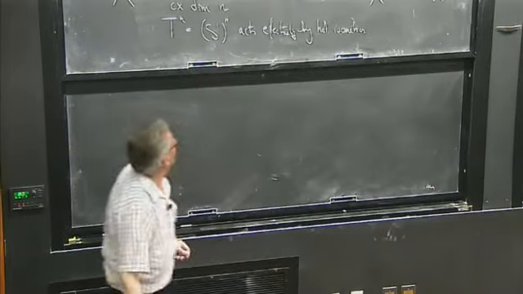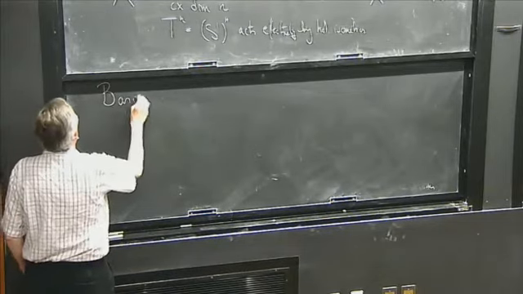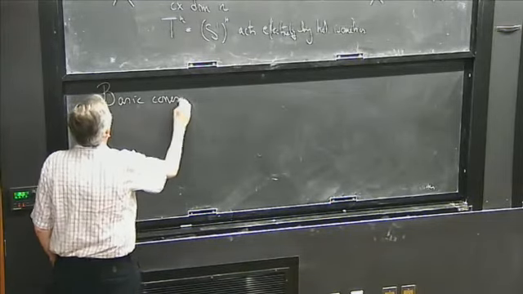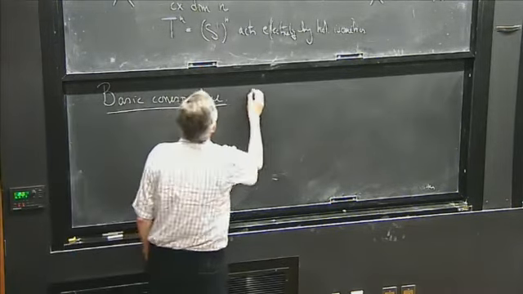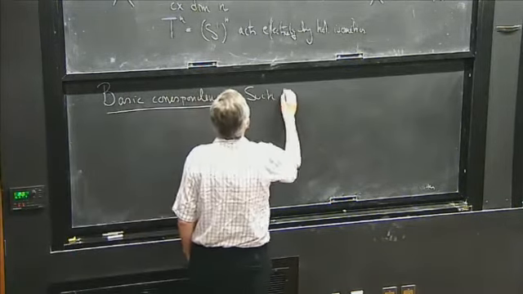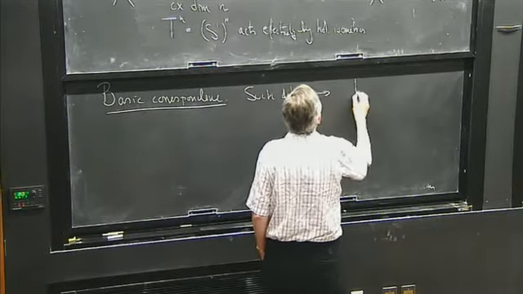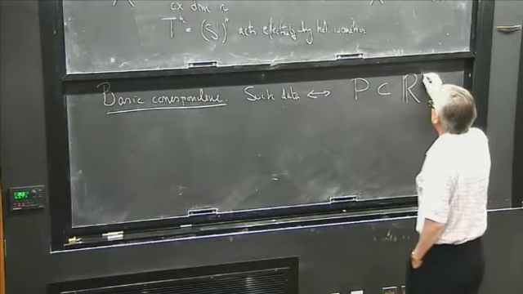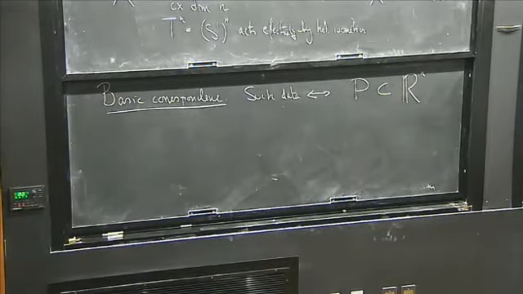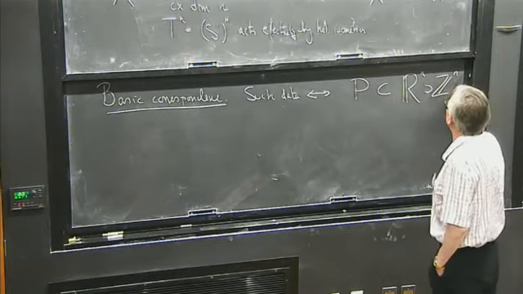So the basic correspondence: such data correspond to polytopes P in R^n. So we think of this as R^n with a standard integer lattice in it.